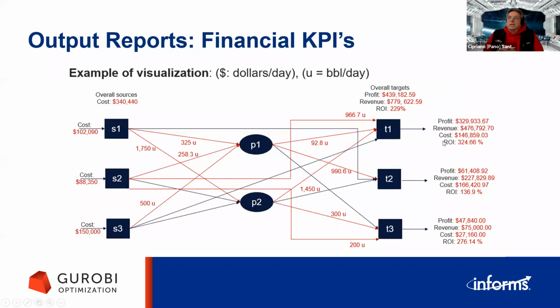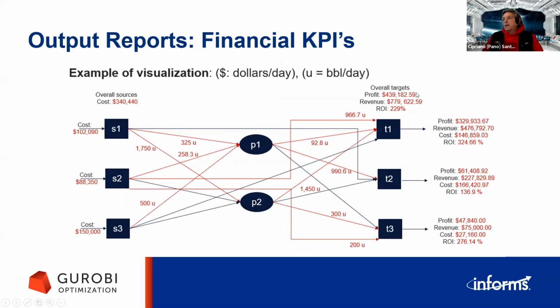And also, there are other interesting KPIs that you can build here. For example, these are financial KPIs. You can compute the total cost of blending this oil, and you have it here, and you can also compute the cost at each of the source nodes.